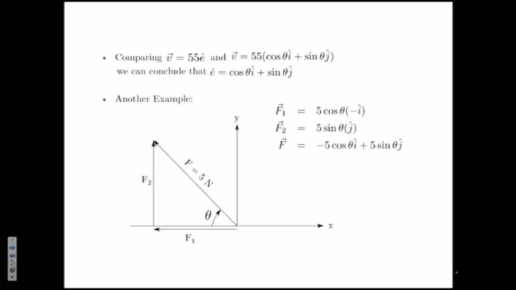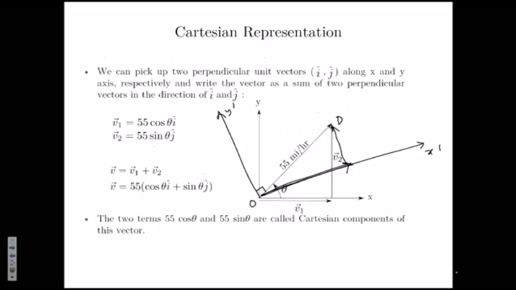Now, could you have written that directly after you learned about Cartesian representation? Sure. You know that this is the unit vector along this direction. The unit vector has magnitude 1. So if you drop the perpendiculars, you'll get cosine theta here and sine theta over here, right? So let me draw this, and I'm going to do it separately over here to illustrate.